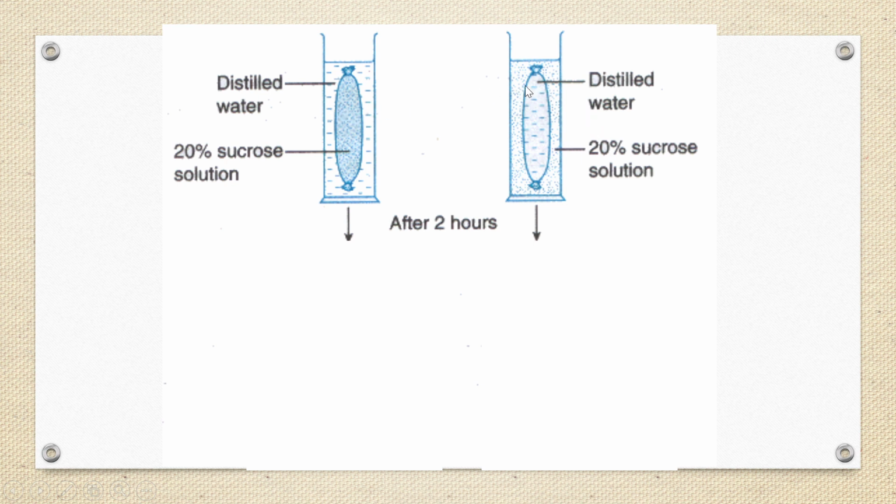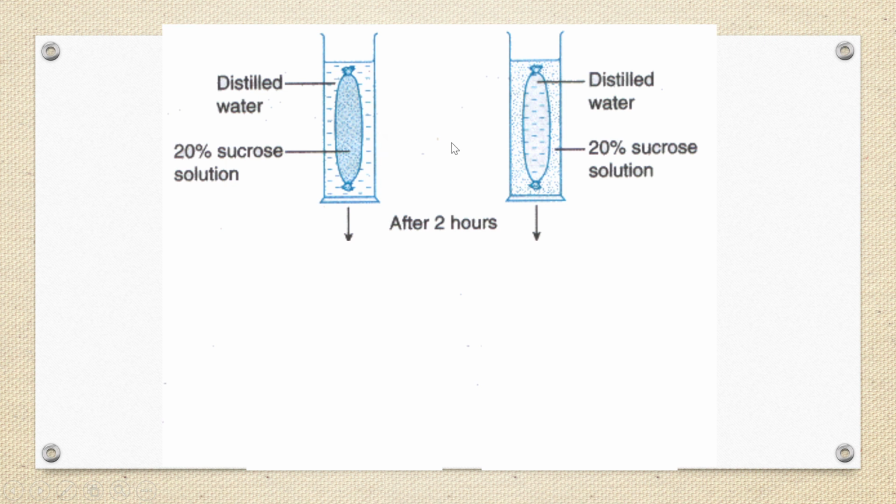Same goes for this condition over here, but in reverse: the distilled water is now within the Visking tubing, surrounded by the solution outside, which is 20% sucrose solution. So after 2 hours, predict the observation. What is the first step to do? Identify the region. Which one has higher water potential?